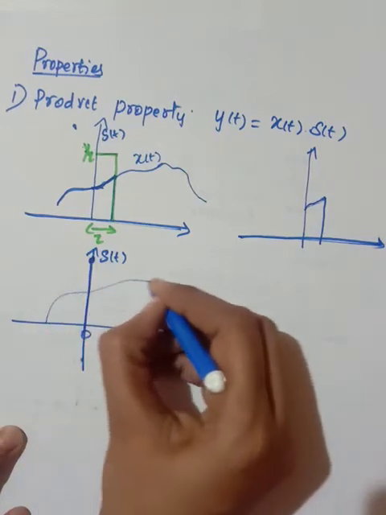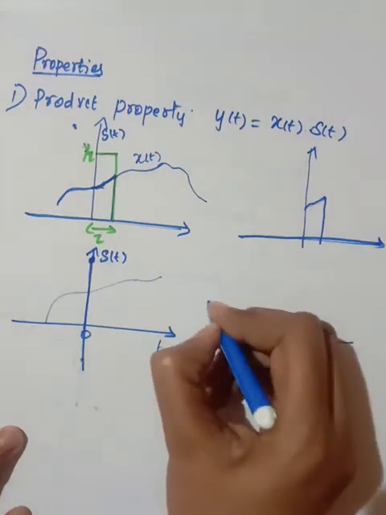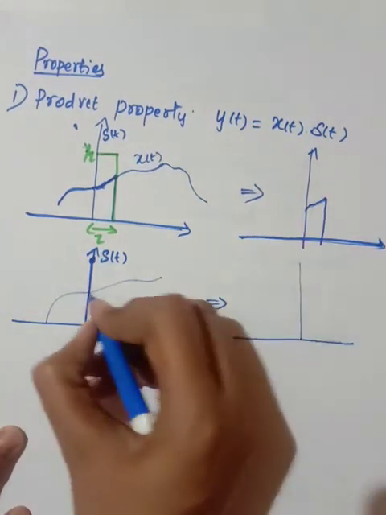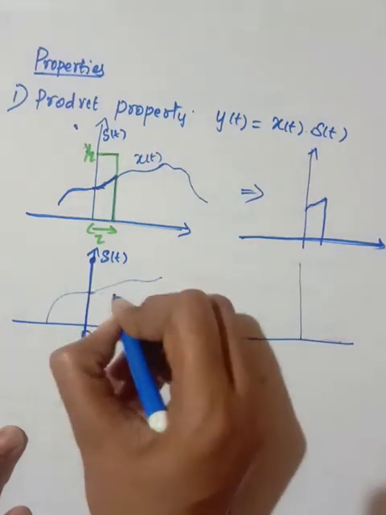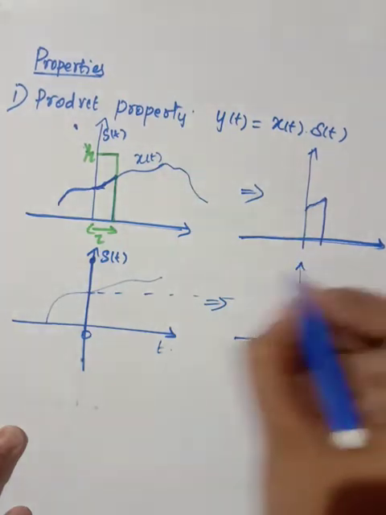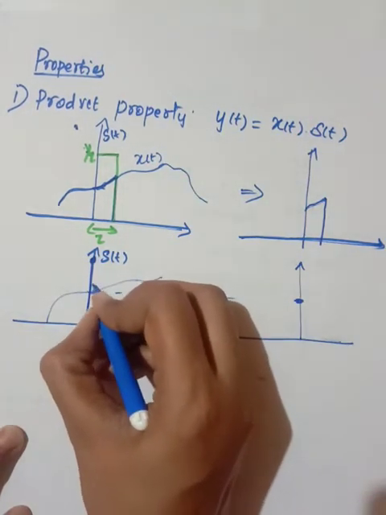When I multiply it by any signal, what will be the resultant, what will be the output? I will get only the value at this point. Consider the signal amplitude at this point is 5.